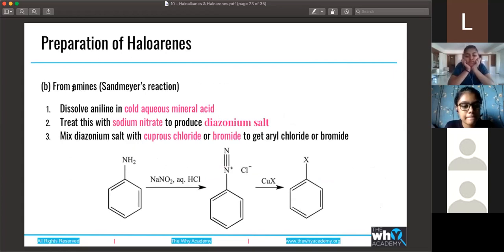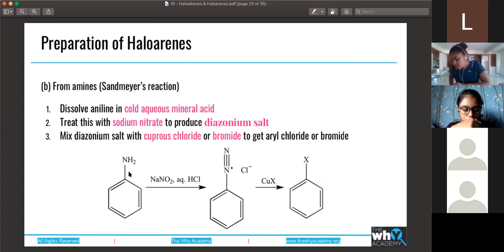Then another method of preparation is from amines. You will come across this reaction again when you're studying amines. This particular reaction is called Sandmeyer's reaction. It is a named reaction and is pretty important. So how you do this preparation is, this compound is called aniline.